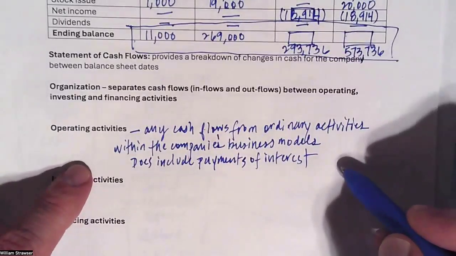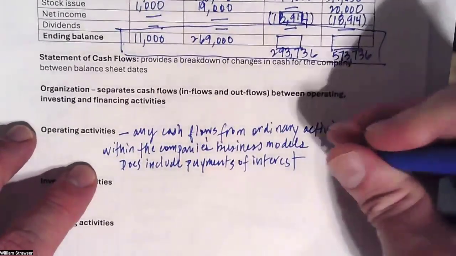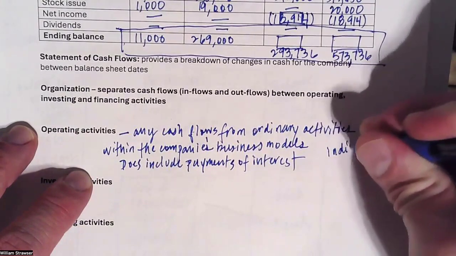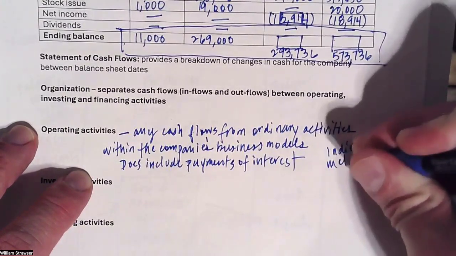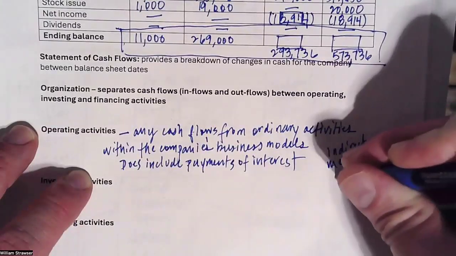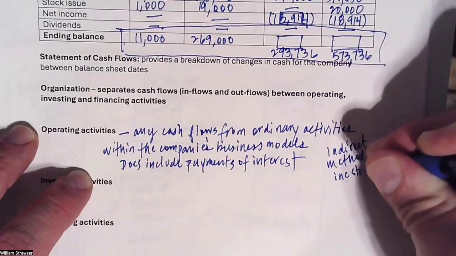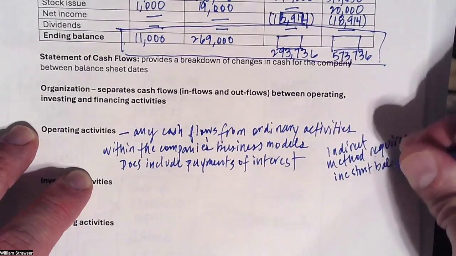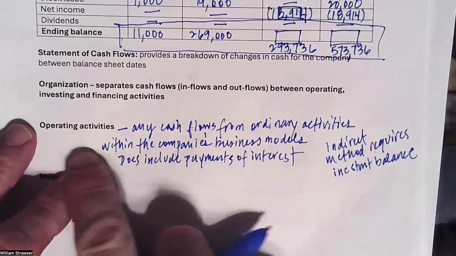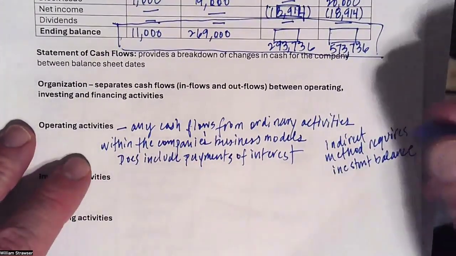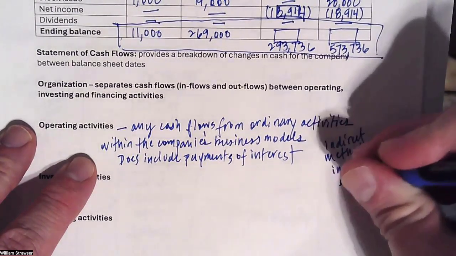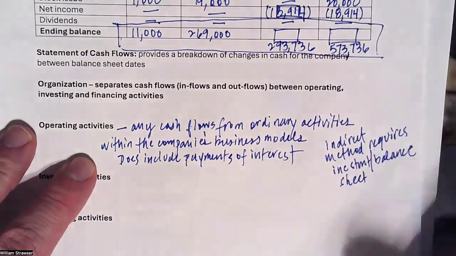This is the section that, under the indirect method, requires us to have an income statement and a balance sheet, because what we're going to do with an indirect method is determine what our cash flow from operating activities is. So it requires an income statement and balance sheet.